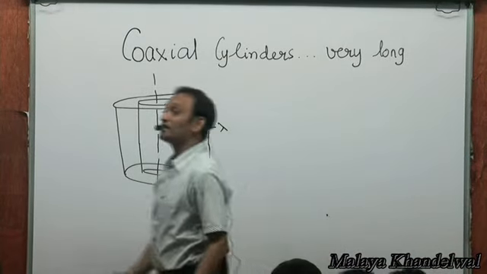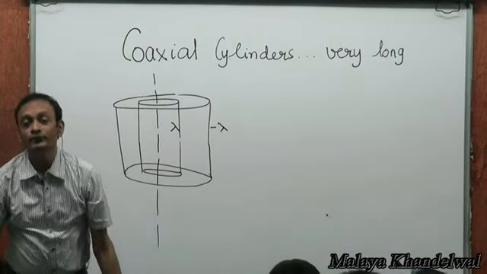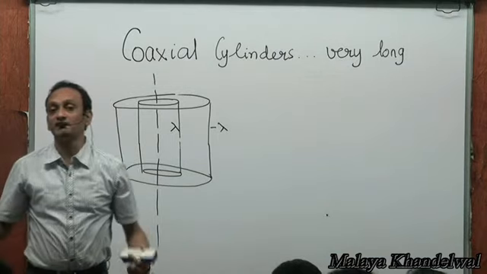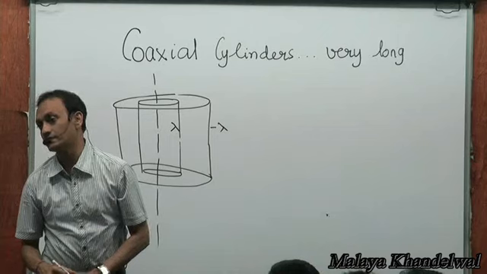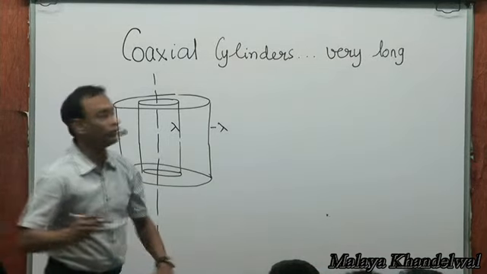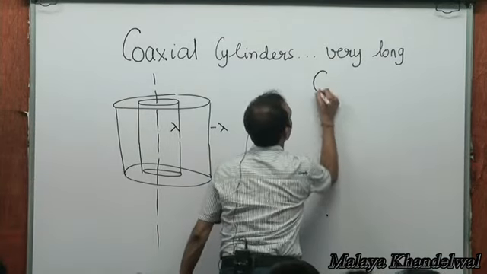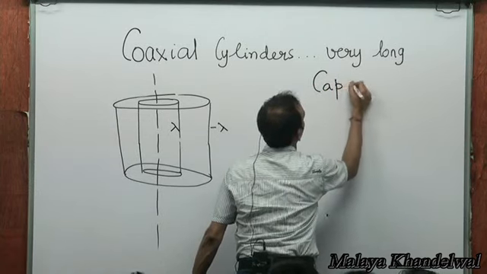Now, when these cylinders are very long, we don't talk of the capacitance of the entire cylinder. We talk of capacitance per unit length of the cylinder. We are seeking to compute capacitance per unit length.